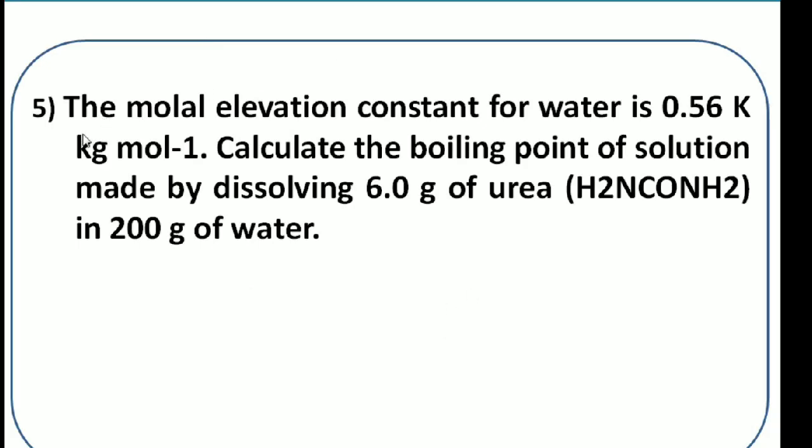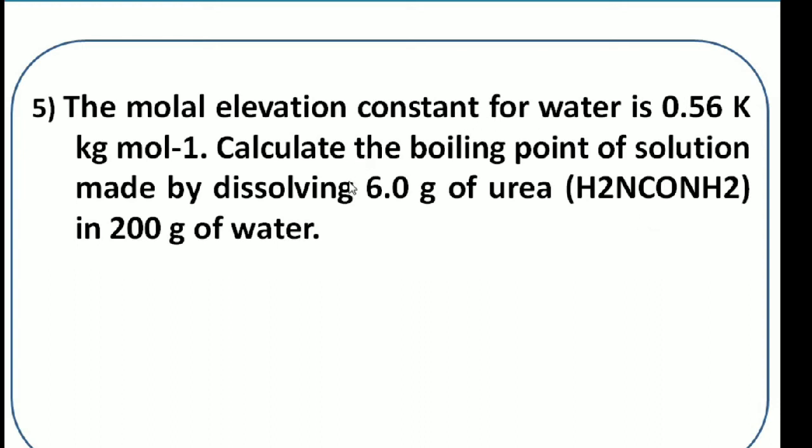Dear students, the next numerical problem on elevation in the boiling point concept is: the molar elevation constant for water is 0.56 kg per mole. Calculate the boiling point of solution made by dissolving 6 grams of urea in 200 grams of water. NH2CONH2 is the urea molecular formula.